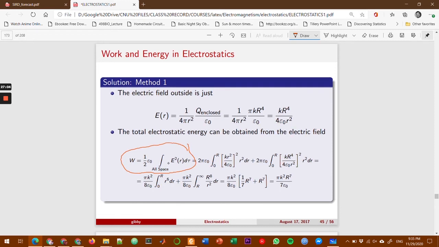So a sum nimo actually is ang electric field, ang energy configuration sa inside. So this is inside, right, from 0 to r.